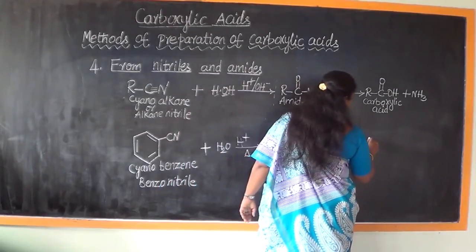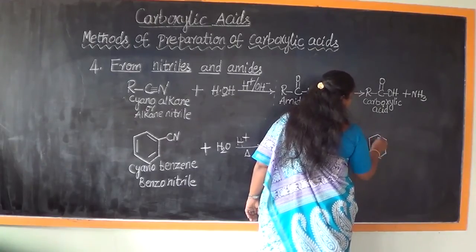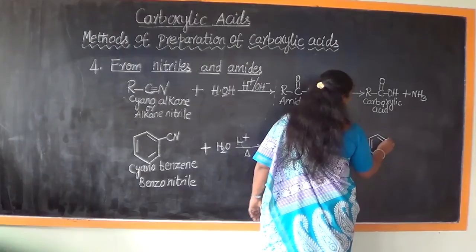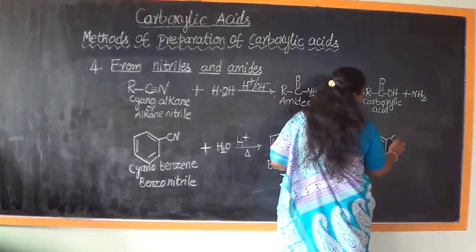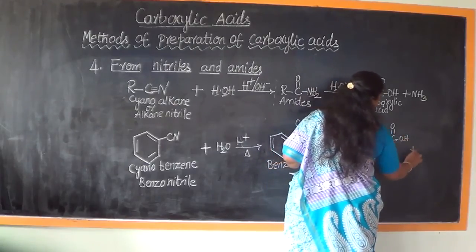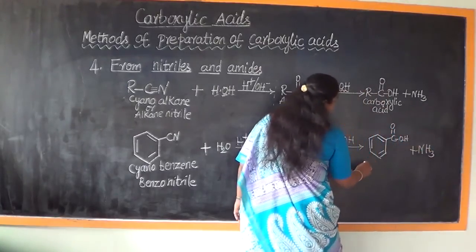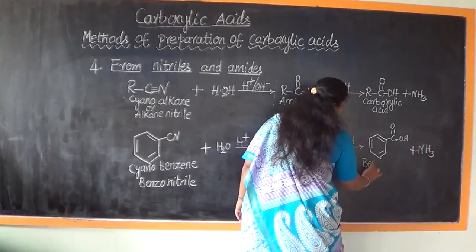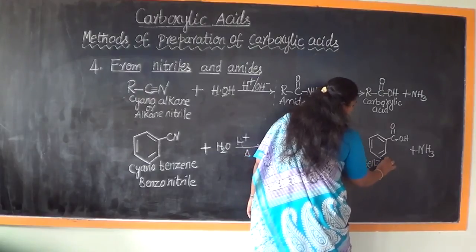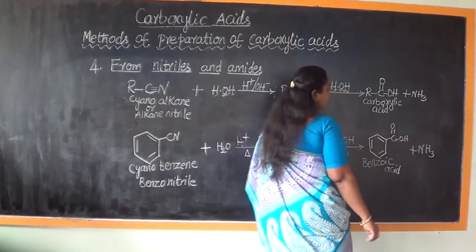So now what has happened to the benzene ring? The ring is intact and the side chain now will have COOH attachment along with ammonia formation. What's the name of this? Benzoic acid. And this is a sanctioned name.